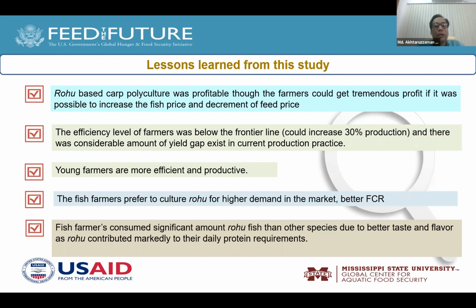Young farmers are more efficient and productive. Fish farmers prefer to culture roe for higher demand in the market and better FCR. Fish farmers consumed a significant amount of roe fish compared to other species due to the better taste and flavor, and roe contributed remarkably to their daily protein requirements.